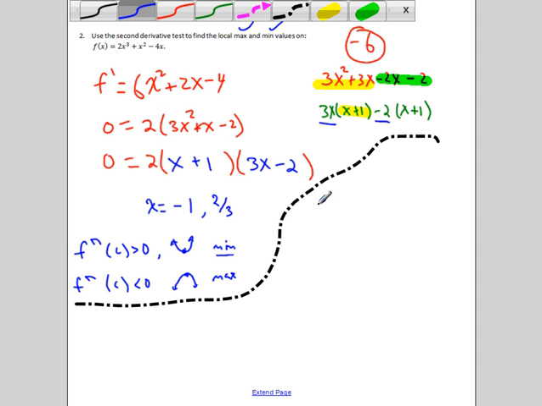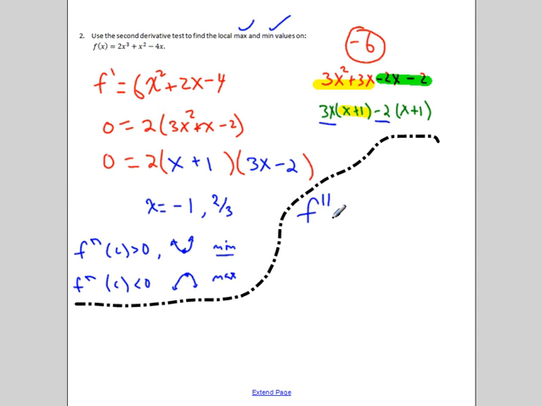Our second derivative is 12x plus 2. And if we evaluate our second derivative at our critical points, the second derivative evaluated at -1 equals 12 times -1 plus 2, and that is less than 0.